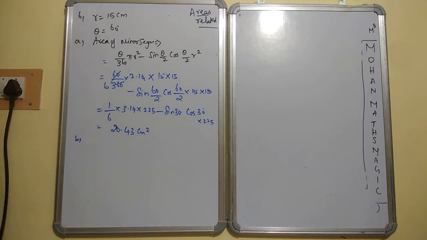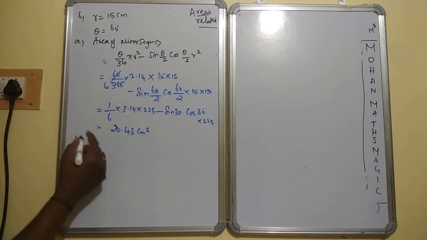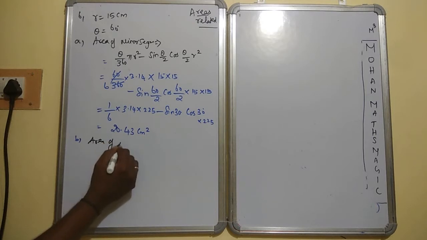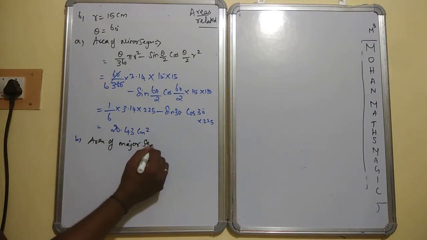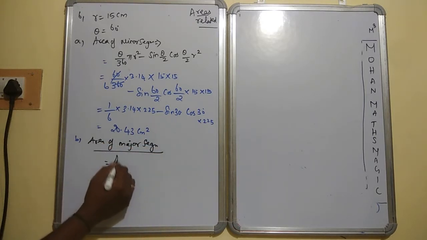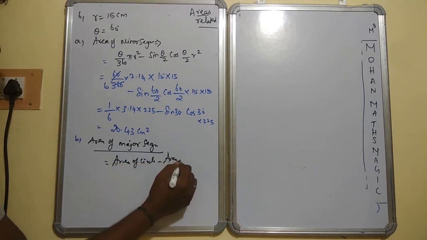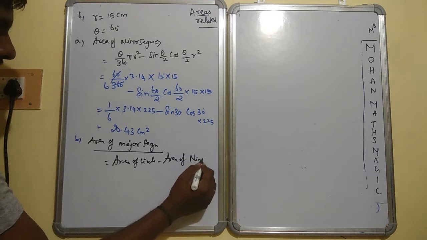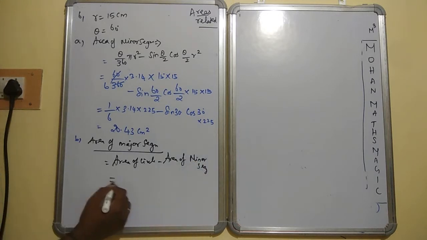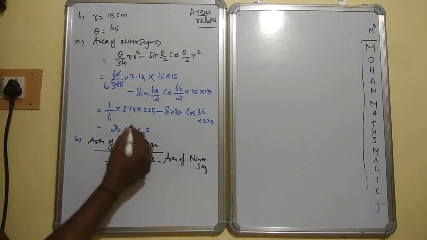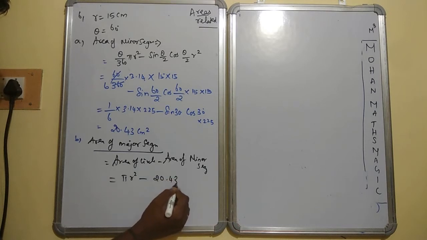Option B, area of a major segment. Formula: area of a circle minus area of minor segment. Area of a circle formula: pi r square, minus the value 20.43.